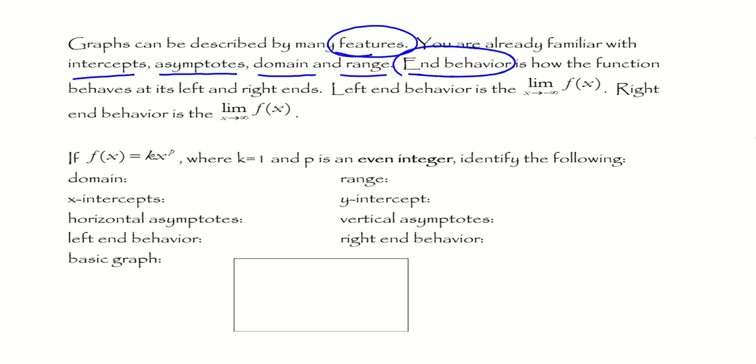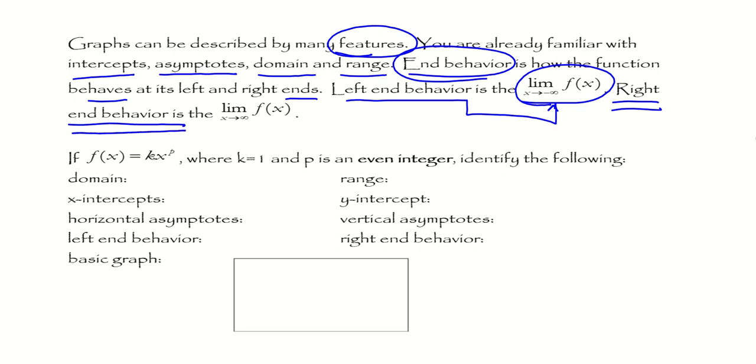We're going to add this discussion of end behavior, which is simply how the function behaves, right, at its ends. It's its left and right end. Left end behavior is the same thing as the limit of our function as x approaches -infinity, and right end behavior is the same thing as the limit of f of x as x approaches positive infinity.